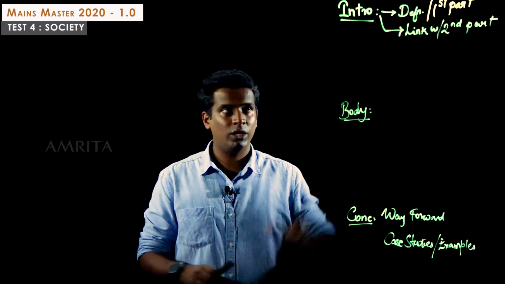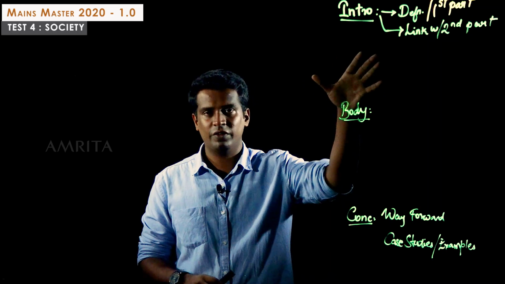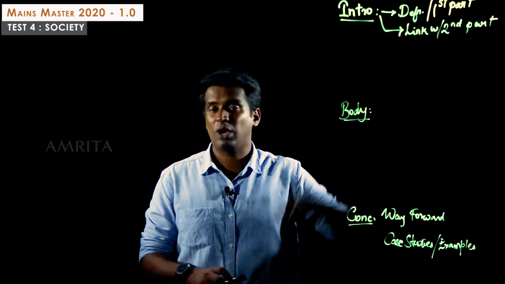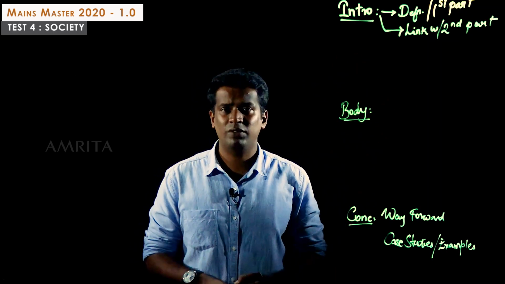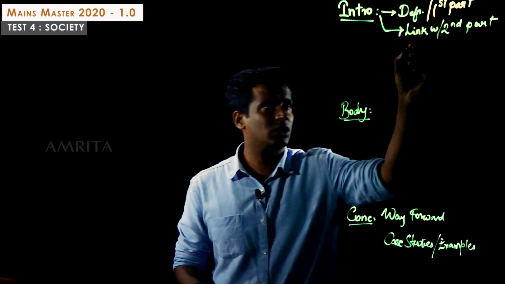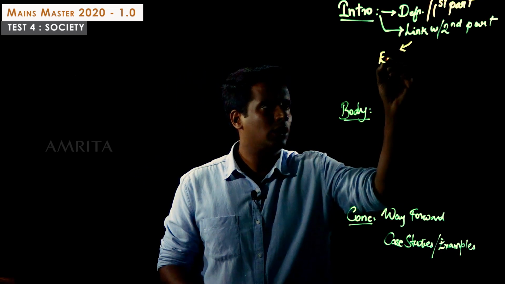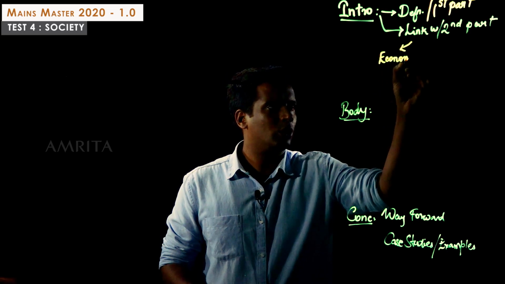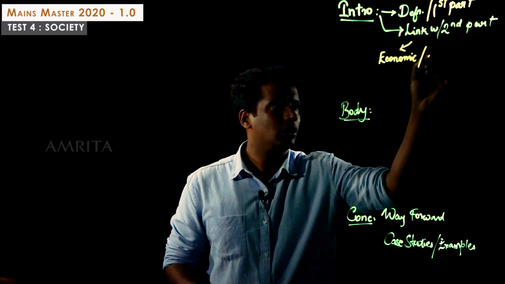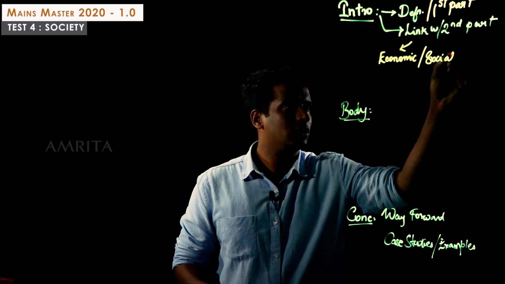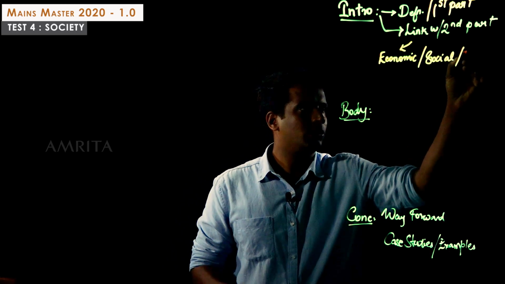Once that is in your mind, go for the definition, then link it with how it gets manifested in Indian society. You can say it gets manifested in the economic sphere, in the social sphere, in the political sphere.